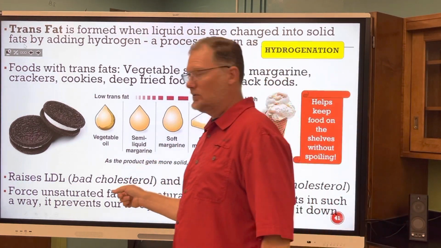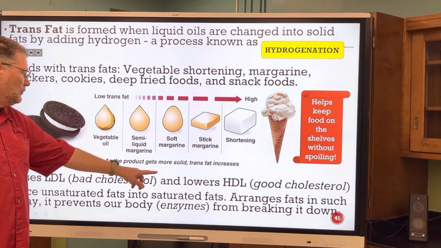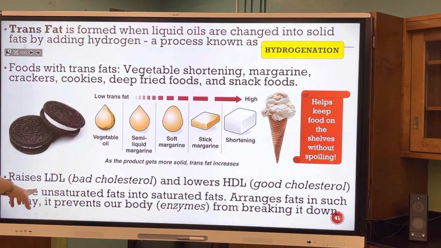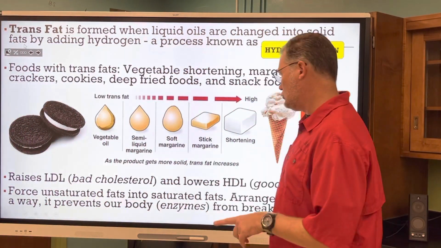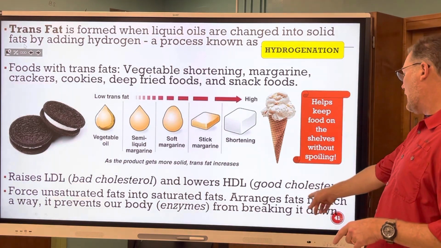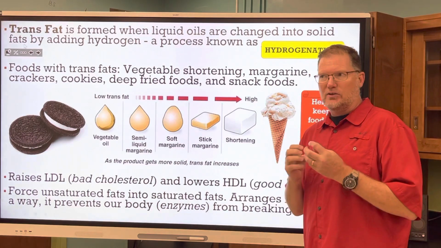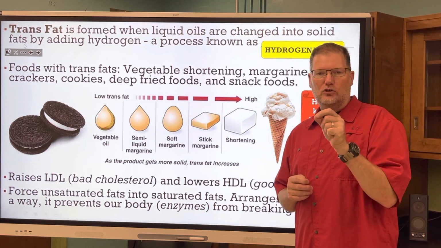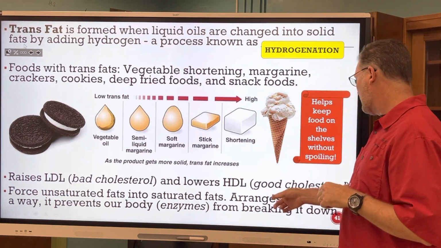This raises your bad cholesterol, which is low-density lipids, and lowers the high-density lipids, the good cholesterol. So they force them to become saturated with hydrogen atoms. And then arranges the fats in such a way to prevent our body, the enzymes, which we're going to learn about next week, I think, the little molecules that help break down things in your body, okay, from breaking it down.